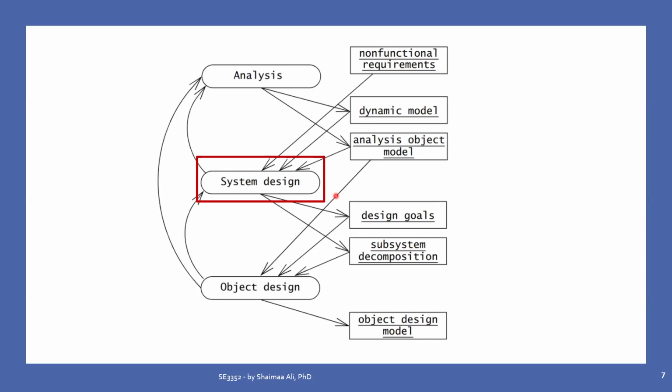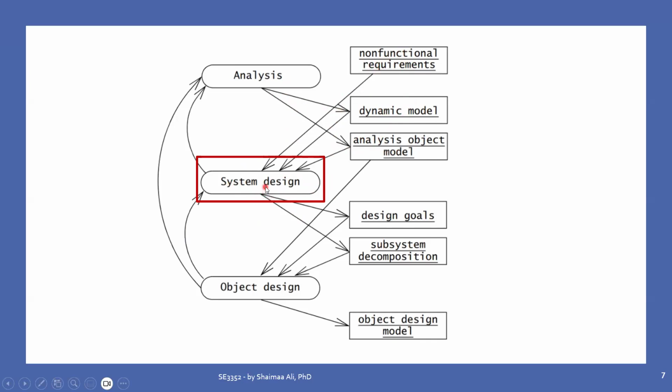Okay, so here's another view. If you want to see what the input and the output of the system design stage are, we have the non-functional requirements and the analysis objects. So all the models that we talked about during the analysis stage, plus the non-functional requirements, are the input for this stage.